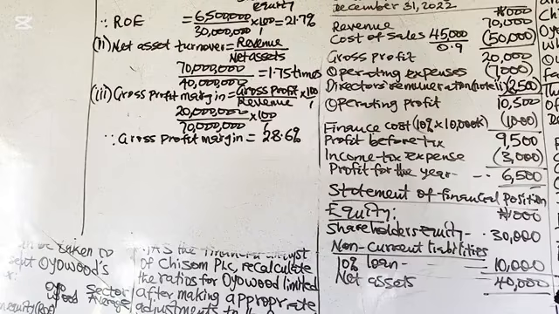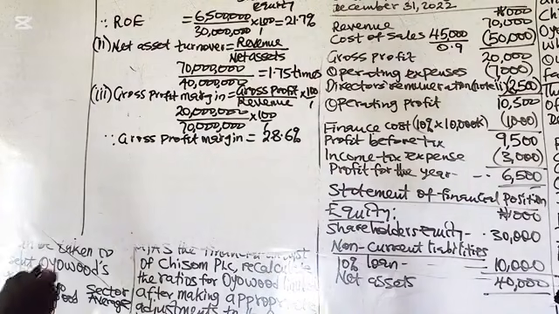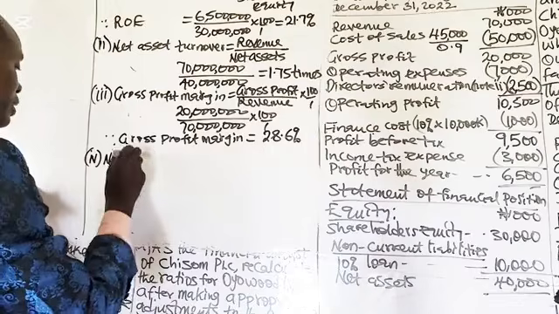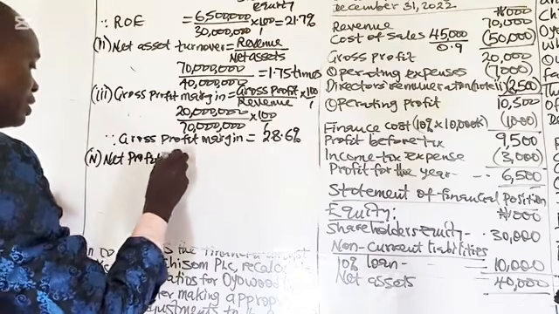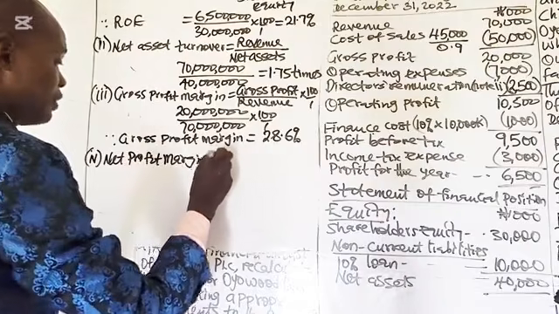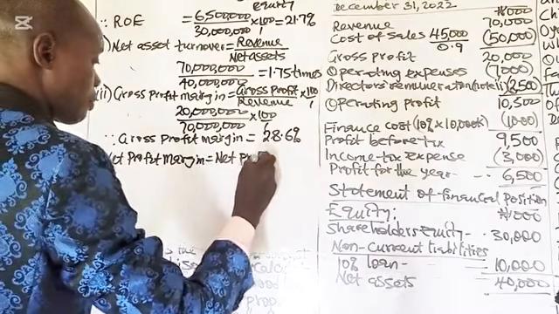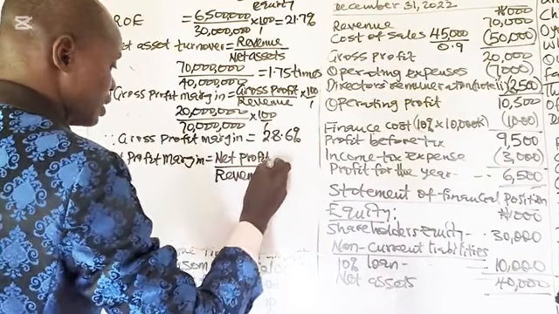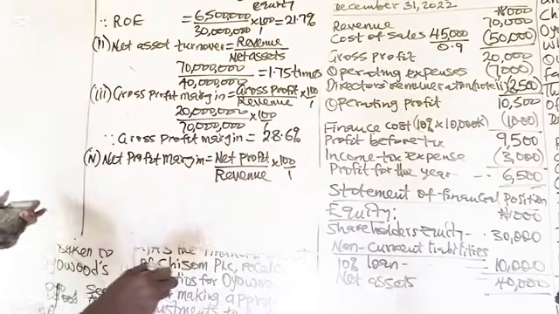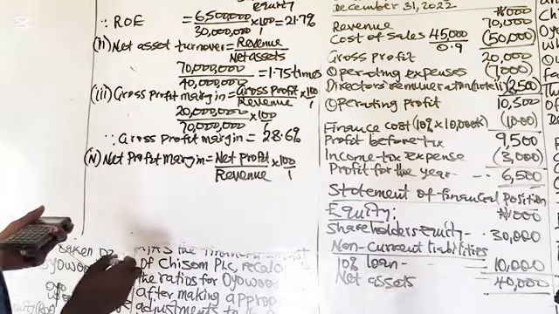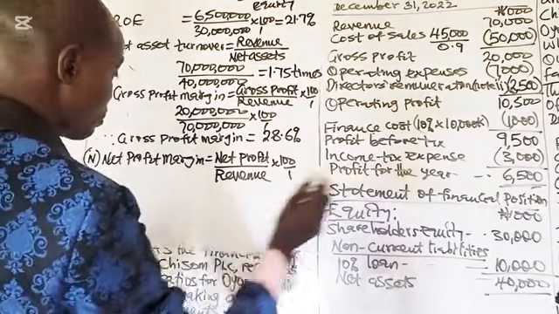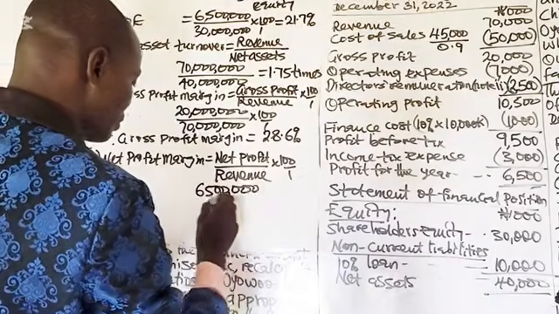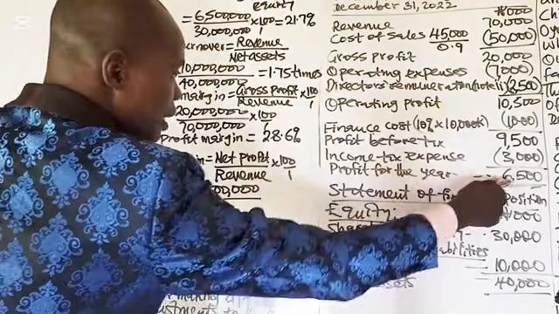Then we have the fourth ratio, the net profit margin, which is net profit over revenue times 100. Remember, I've told you your net profit is your total down one, which is profit after tax, 6.5 million.